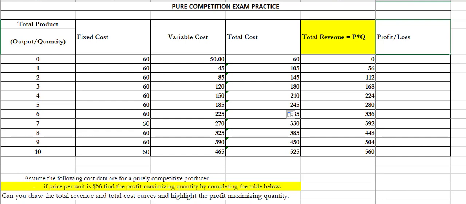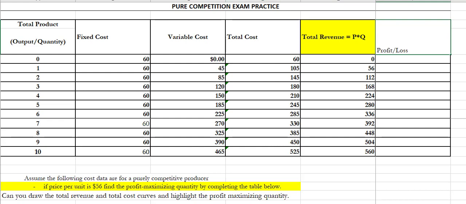You're business people. How do you figure out if you're making money or losing money? Think. How do you figure out if you're making money or losing money? Well, you have the revenue, how much money you got from selling the good, and you have the cost, how much it costs you to produce the good.